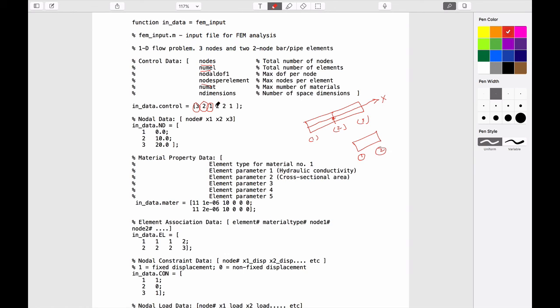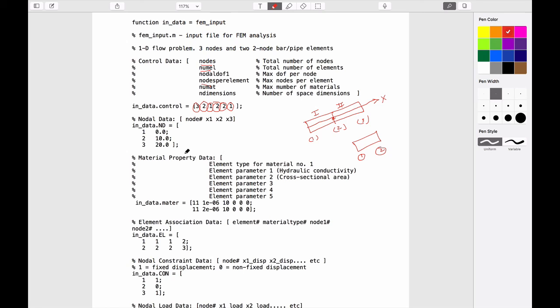So nodes per element is 2. How many materials do we have? Well, we have material number 1 and we have number 2. And so that's 2. And how many dimensions? X coordinate only. No Y, no Z. That's the global stuff that sets up the system.